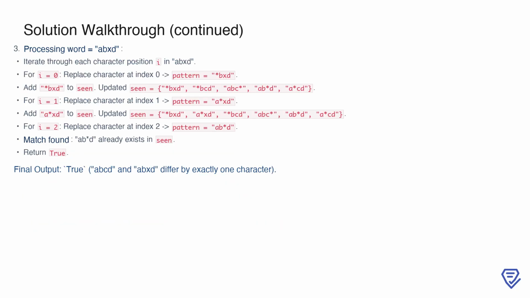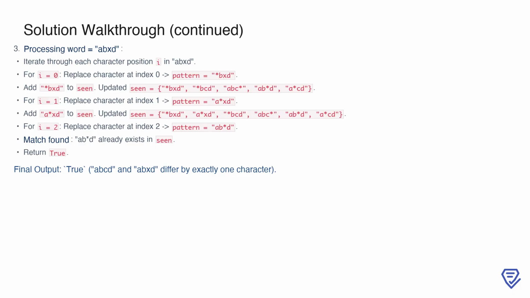Next, we process the word abxt. For each character position in abxt, we again replace the character at that position with * to generate a pattern. At index 0, the pattern *bxd is created and added to the seen set, updating it to *bxd, *bcd, abc*, ab*d, a*cd. At index 1, the pattern a*xd is added, resulting in the updated set.